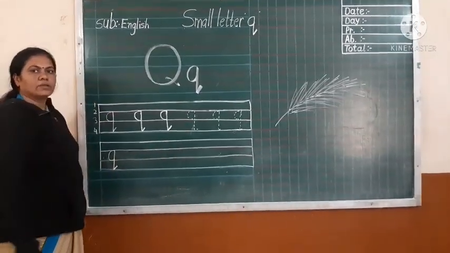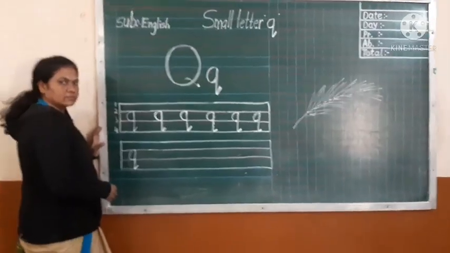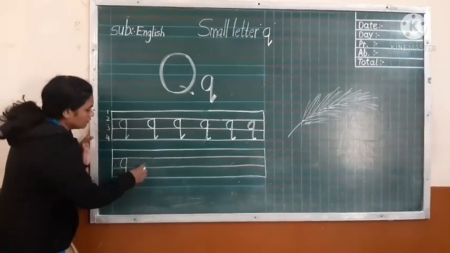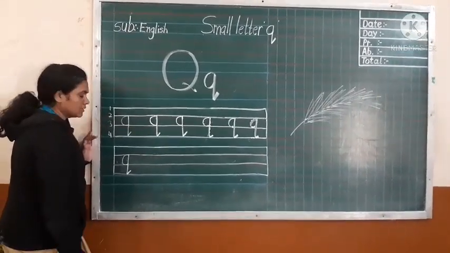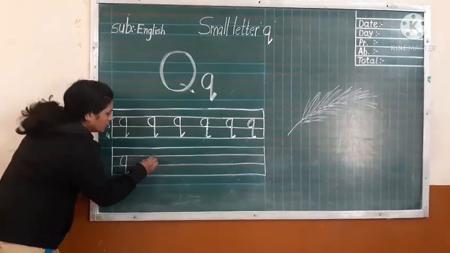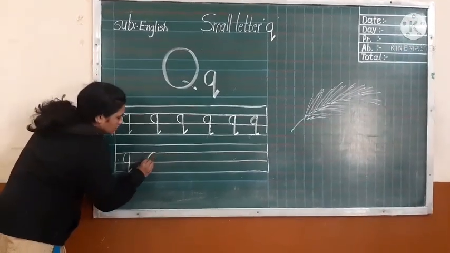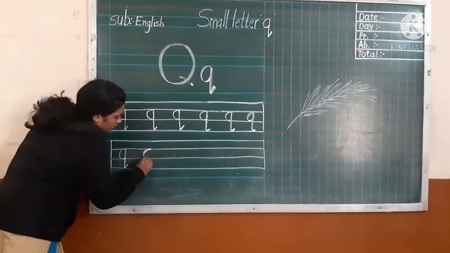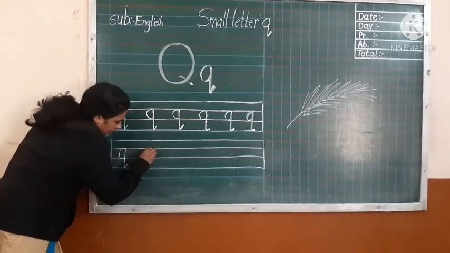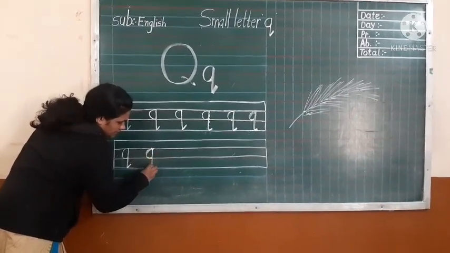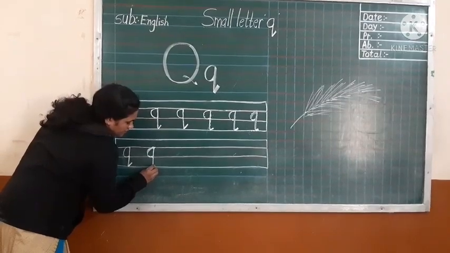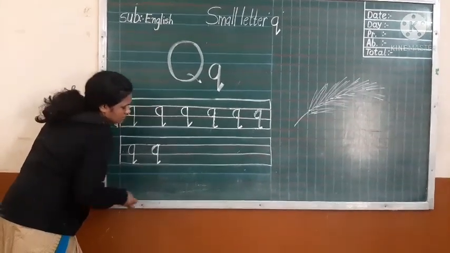Small letter Q. Look at here students. Without dots you have to write small letter Q. First, little curve, and up to down make standing line and make slant line.